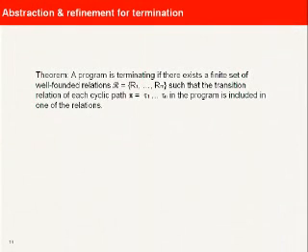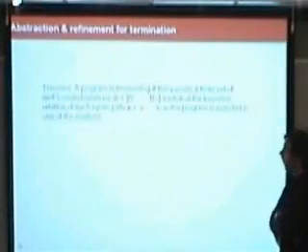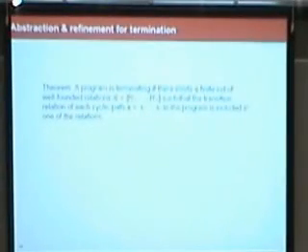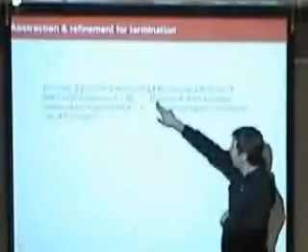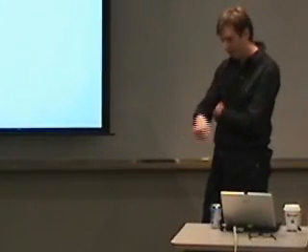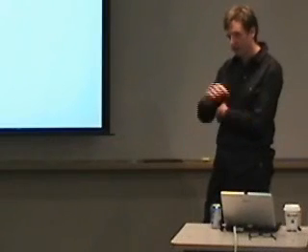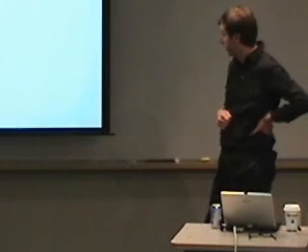One way we might prove termination of a program is to come up with this magic set R of well-founded relations. This set is finite, and the relations are well-founded. What we're going to do is take every path through the program that's cyclic, that is, it repeats execution through a program location.